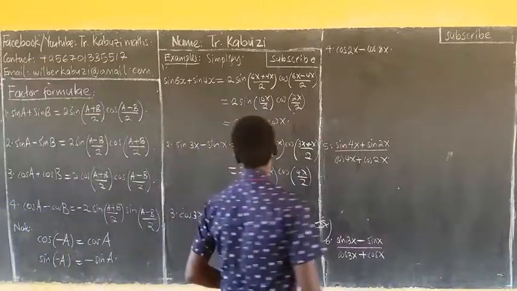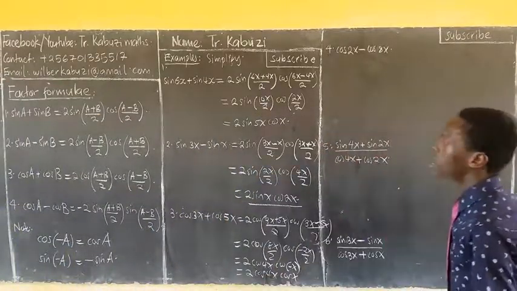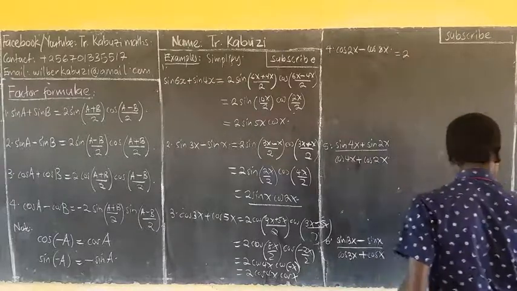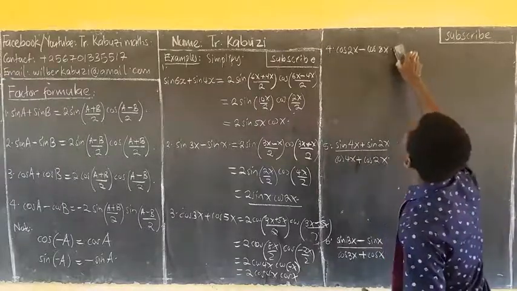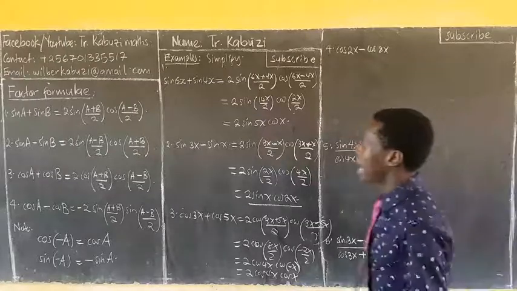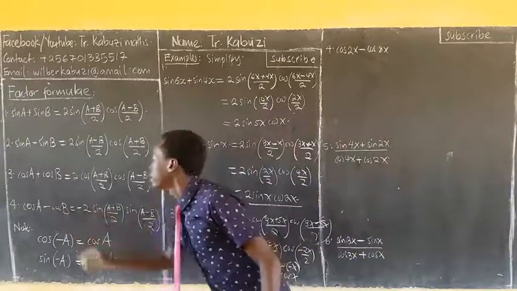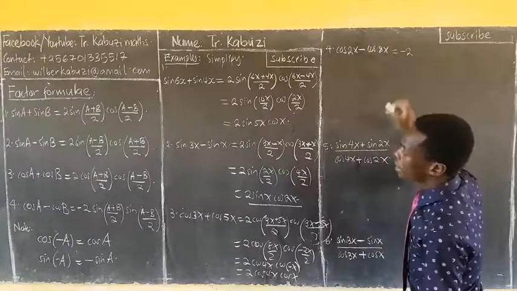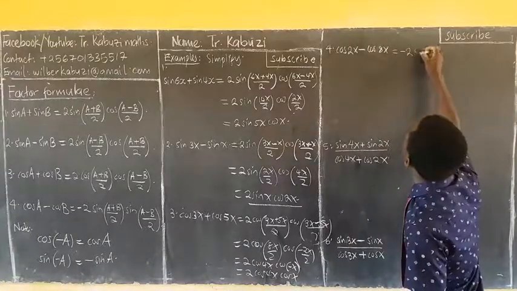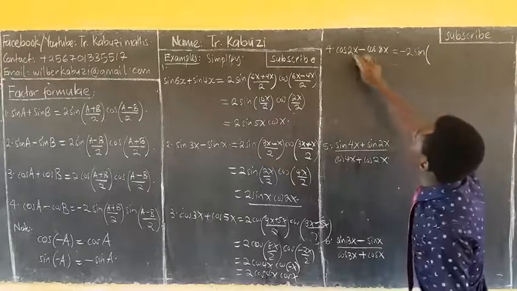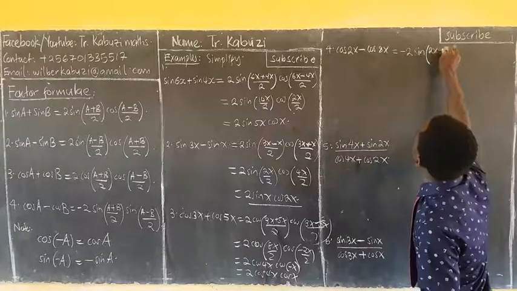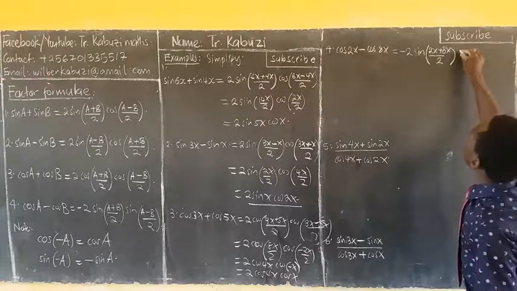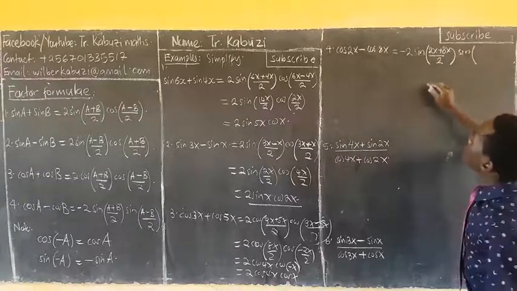When it comes to subtracting cos, we start with a negative, so this will be equal to negative 2, then sine of the sum of the two angles, then still sine of the difference of the two angles.